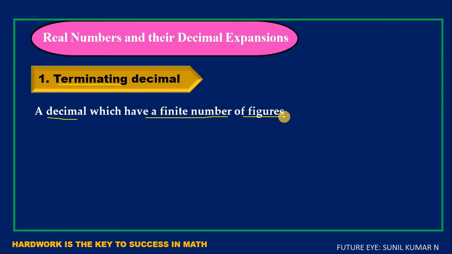To make you understand in a better way, let me take an example. Here there is a rational number 2 by 5. Now let us divide 2 by 5, and you all know how to divide 2 by 5. Here 2 is less than 5, hence I cannot divide.